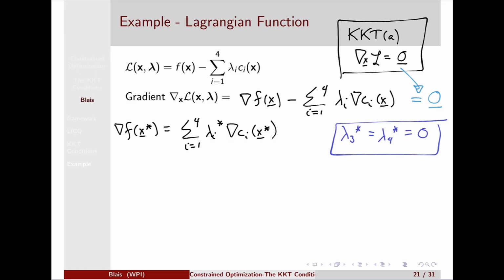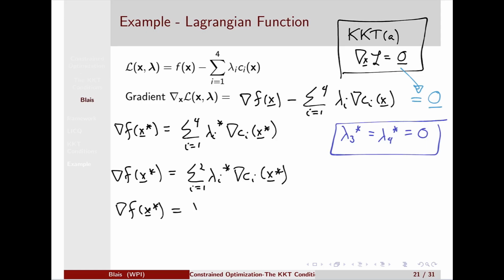So this becomes the gradient of f at x star is the sum i ranging from 1 to 2 of lambda i star gradient of ci at x star. Or the gradient of f at x star is lambda 1 star times the gradient of c1 of x star plus lambda 2 star times the gradient of c2 at x star.